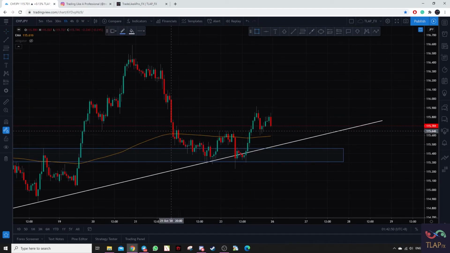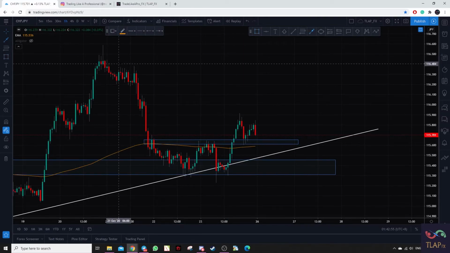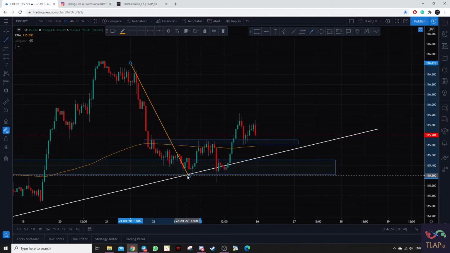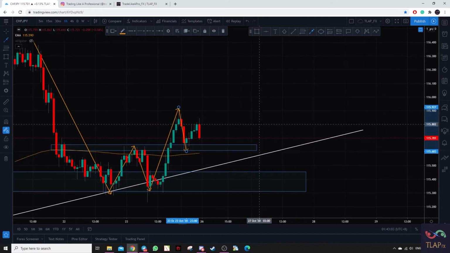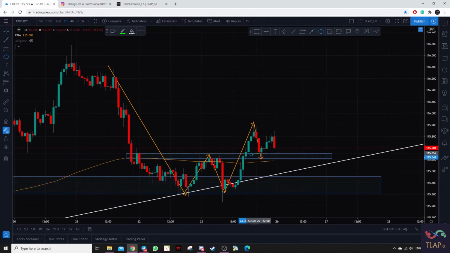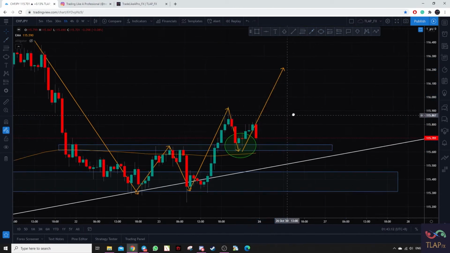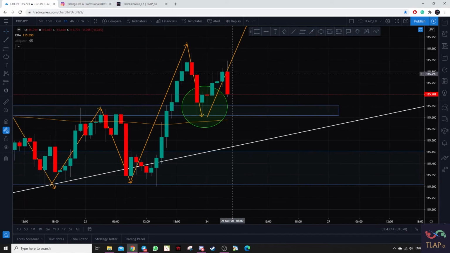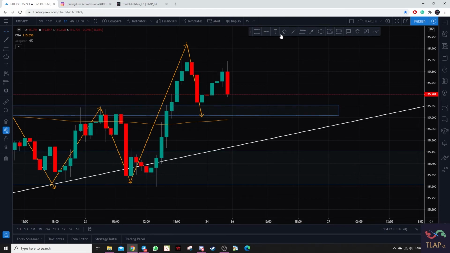So looking at this level of structure over here, you have an immediate support level where prices came down to retest the major level, comes back up, forms a double bottom, breaks out of this neckline and came back for a retest. So this move, the initial retest, should actually push prices higher, but instead it actually made a lower high as of now. And what we can do would be to wait for a buy opportunity over here.